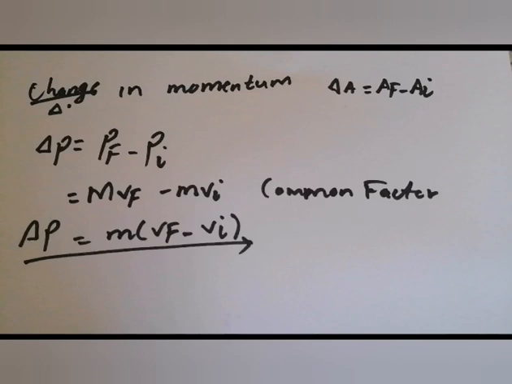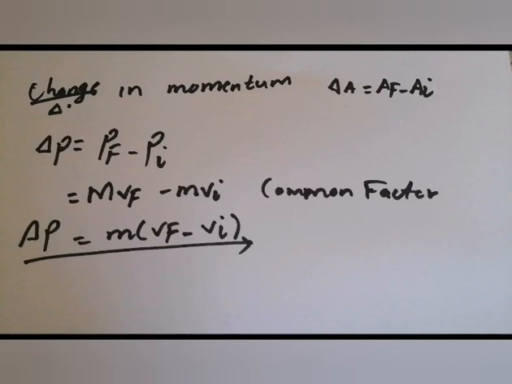It means that the momentum before you told the driver to hurry won't be the same as the momentum after you told him to hurry, because he increased the speed to 80 kilometers per hour.